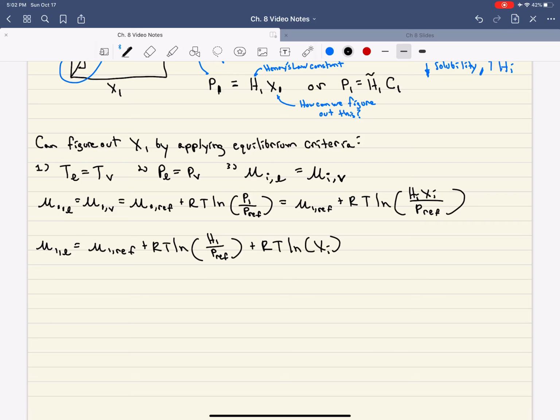The reason I write it like this is that the terms on the left-hand side are independent of composition, and so our composition dependence we could isolate to just one term over here.